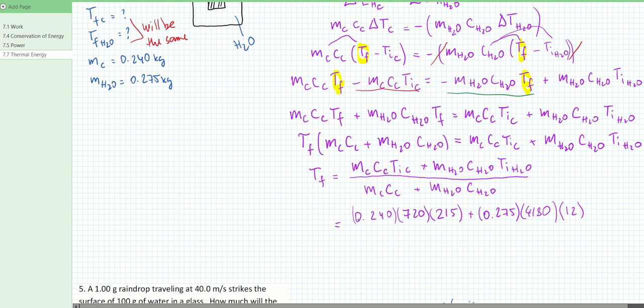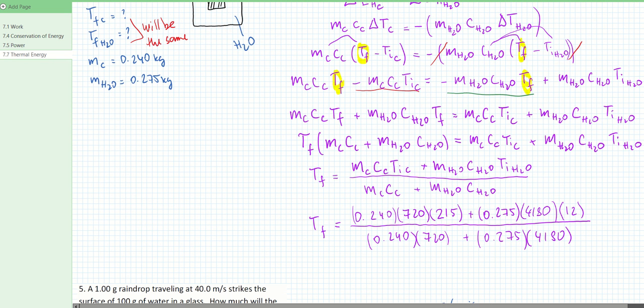Okay, so all of this over the mass of the carbon, which is again 0.240 times the specific heat of carbon, which is 720, plus the mass of the water times the specific heat of water. Okay, so that's going to be our final temperature.